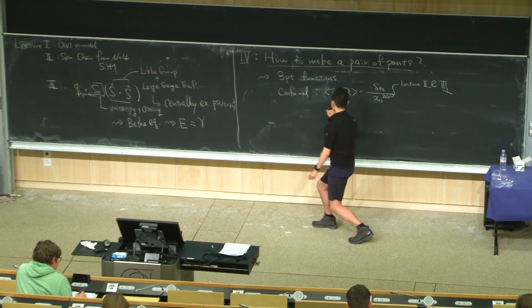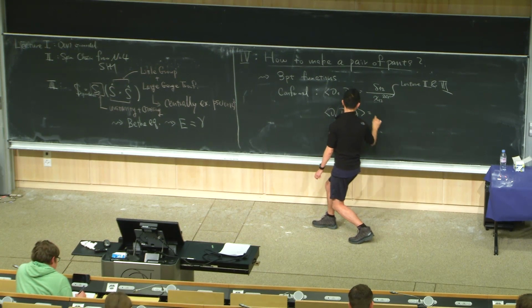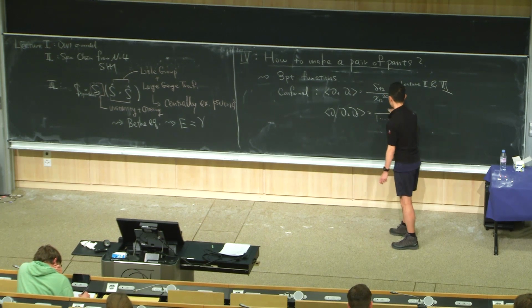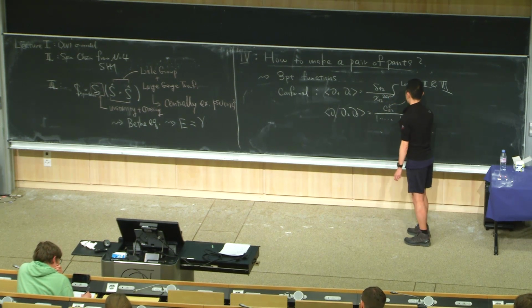There is another important observable, which is the structure constant. The space-time dependence is determined completely by the dimensions of the operators, but there is an extra input, which is called the structure constant.